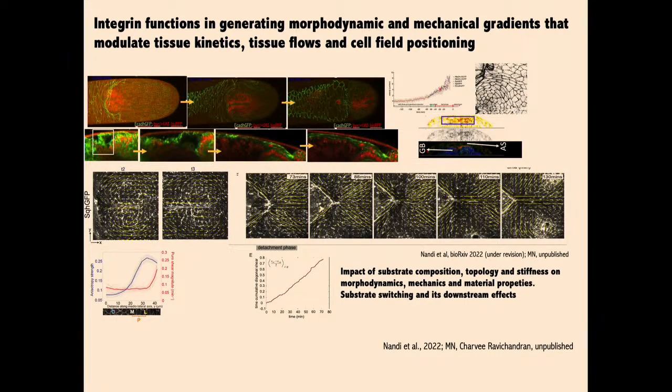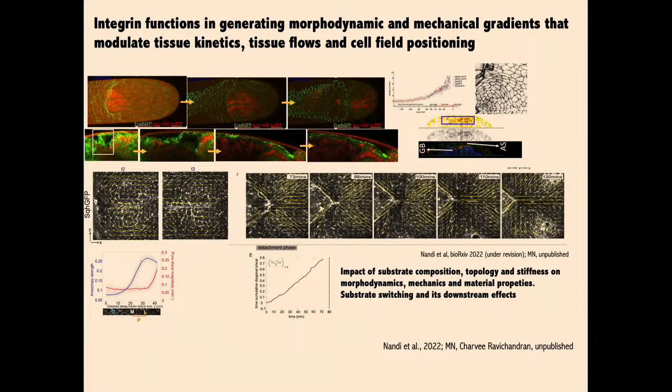So broadly, where we are with germ band retraction is at a point where we want to look at what properties of these interactions might account for the loss of morphodynamic patterning and its effects on tissue flows.